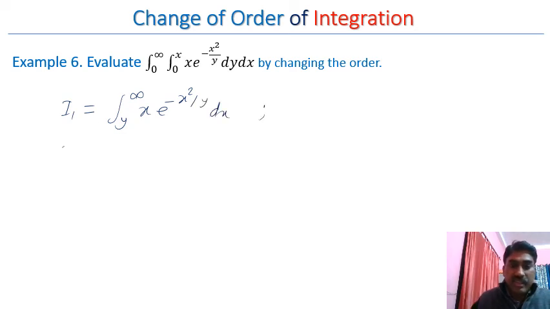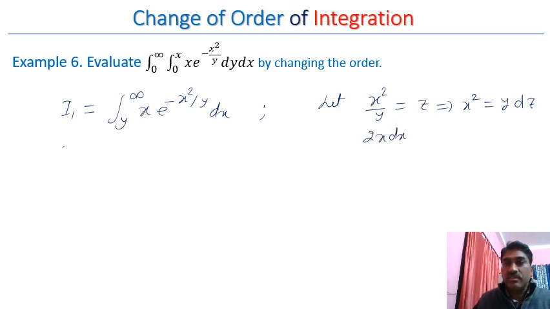So if we take the substitution, x square by y is equal to z, that means x square is equal to yz, and because y is constant here, so 2x dx is equal to y dz. And what are the limits?